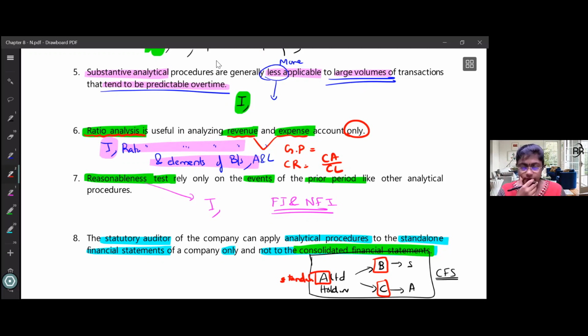You study in accounts, consolidated financial statements. Now, in this question, they say statutory auditor can apply only to standalone, not to CFS. Why not? In CFS also, it is line by line addition of A, B, C. So analytical procedures can be applied for standalone and also consolidated financials where you compare relationship with financial, non-financial.